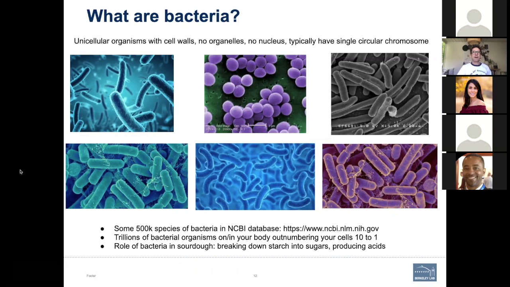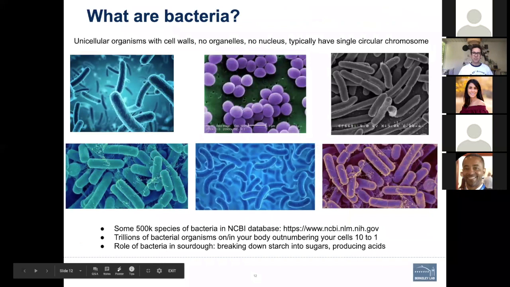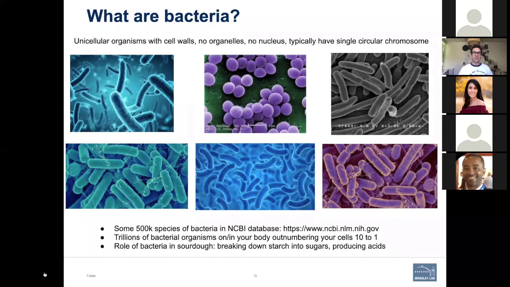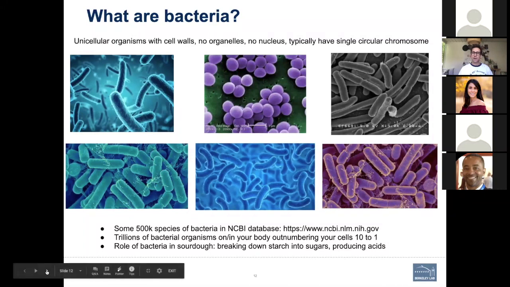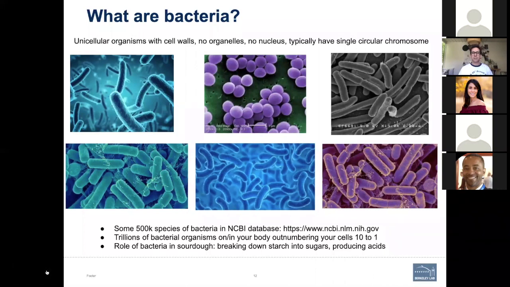Now, a little bit more on bacteria. Like I said, they're unicellular organisms with cell walls, no organelles, no nucleus, and circular chromosomes. They all look pretty much the same under a microscope. They're just these little rods or spheres or something like that. But although they look quite similar to us, they're actually quite diverse, with different ecological niches they occupy and biotechnological or physiological properties.